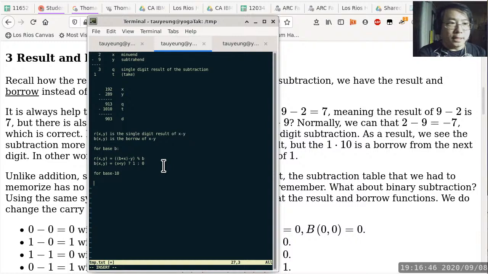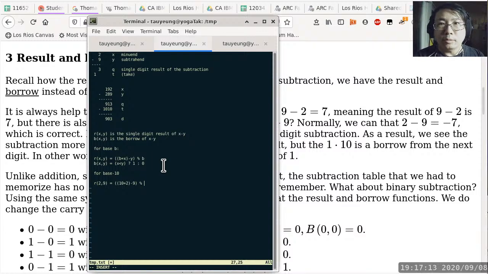All right. So for base 10, let's try to figure out what is the single digit result of 2 minus 9, because we're basically reusing some of the examples that we have seen. So 2 minus 9, if you look at this, it is now 10 because 10 is our base, plus the 2, which is x, and then we take this amount and subtract 9 from it, and then we do a mod 10.